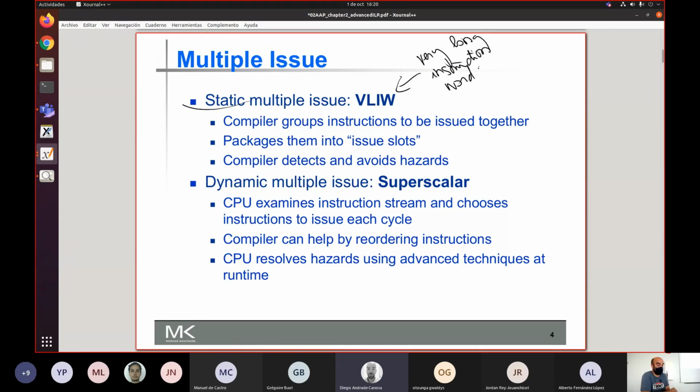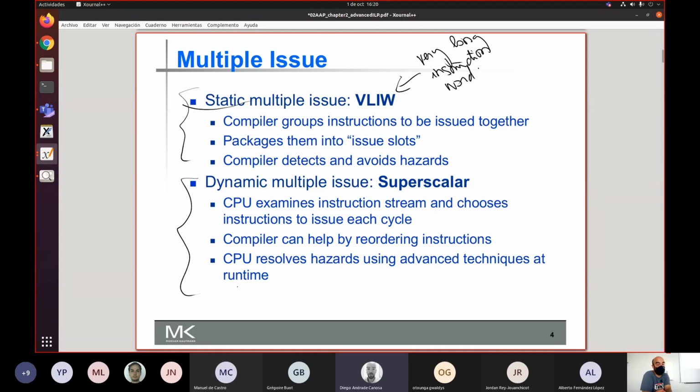This is not very frequent, okay? It was frequent at the beginning of the 21st century, but today the most common scenario is that the decision of which group of instructions are going to be issued at the same time is done by the processor at runtime.